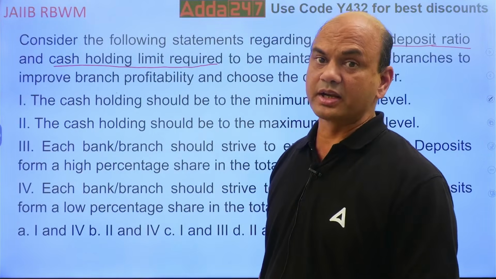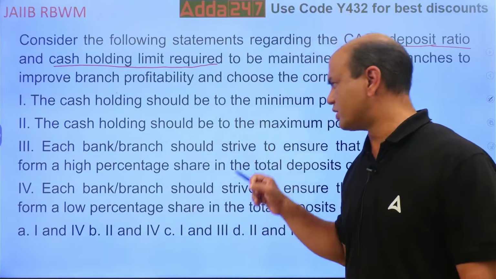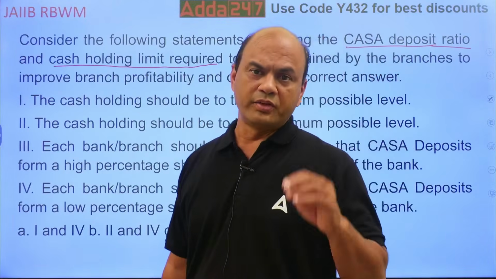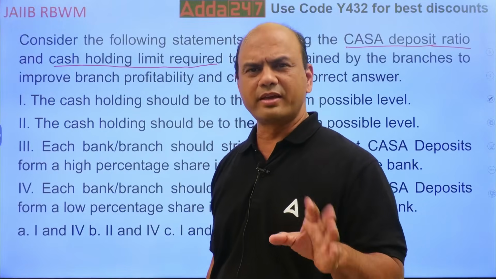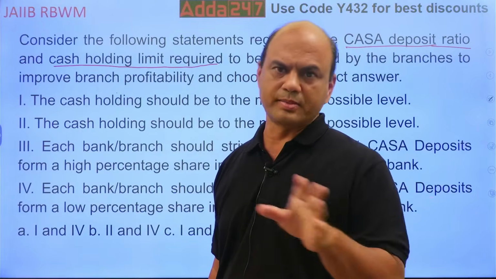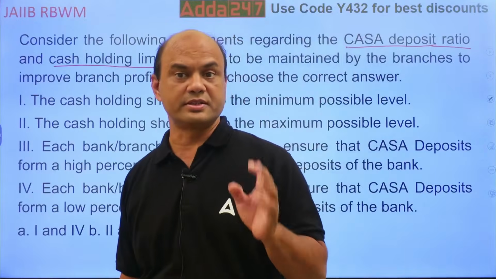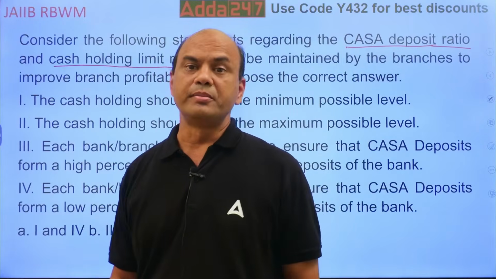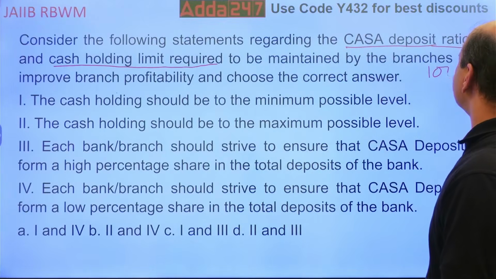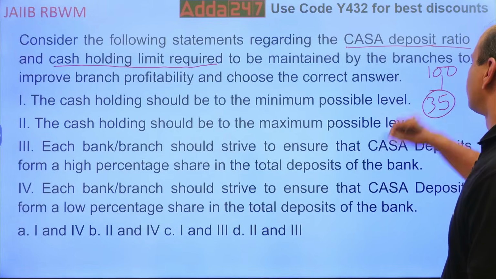Now CASA deposit, kindly note, one thing I'll make very clear over here. It's not mentioned, but I'll mention a few figures. If your branch or your bank wants to grow, you must have a minimum 35% CASA. 35% means if my total deposits are, let's say, 100 rupees, then my CASA should be 35 rupees minimum.